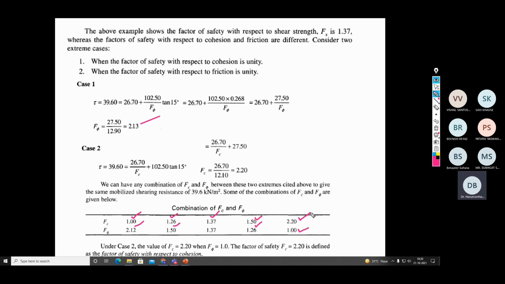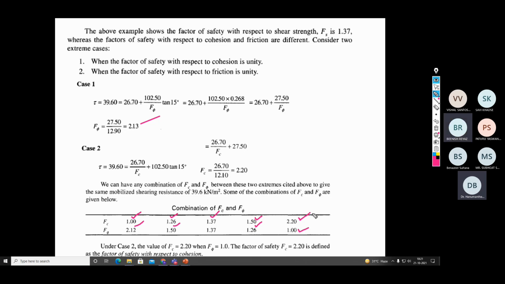So this is a short summary about the assumptions based on the factor of safety with respect to the strength, the cohesion, and the friction angle. Or if we assume the parametric sensitivity, that is assuming one parameter is unity, then how the other parameter is varying or influencing the final factor of safety values.